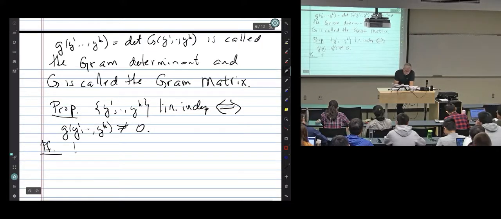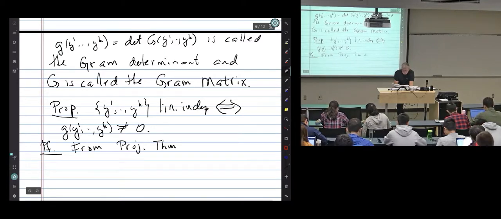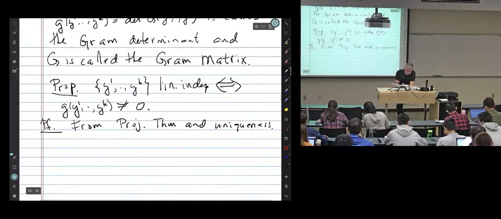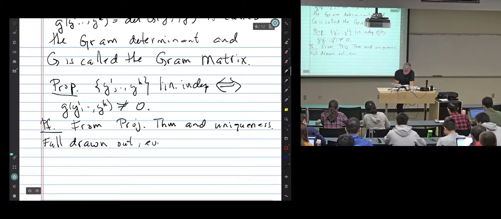Proof from projection theorem and uniqueness. Okay. Full, drawn out, every, how do you spell gory?